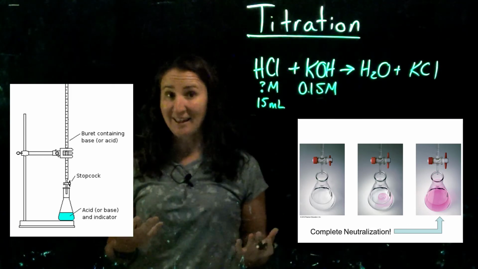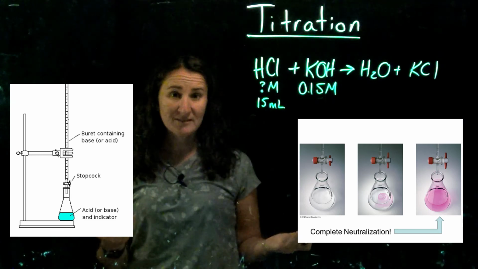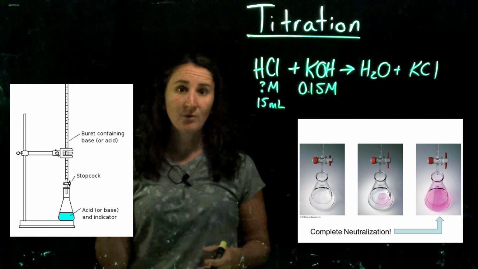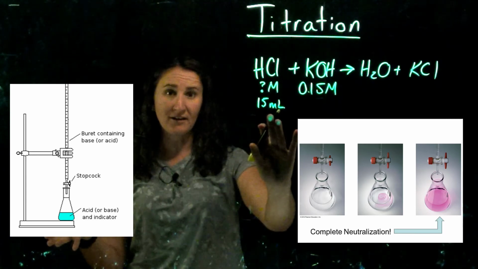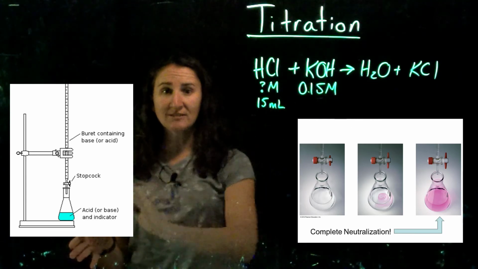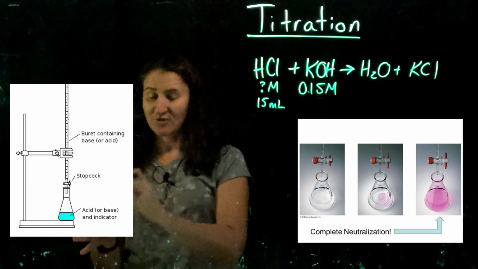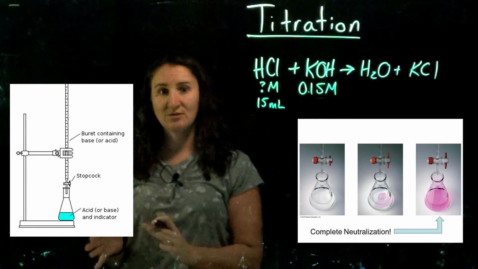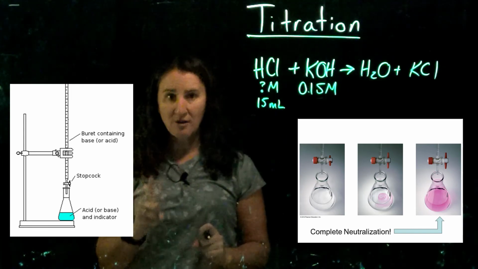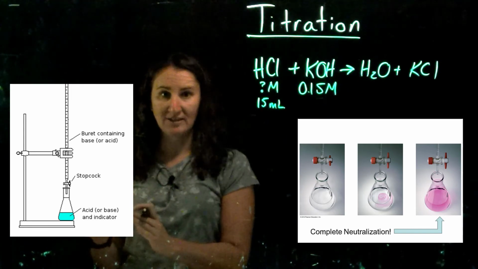Phenolphthalein is really a neat indicator, and we're going to use it in our lab this semester, but it's clear when it's acidic. So when you only have hydrochloric acid mixed with it, it's clear. But then as you add potassium hydroxide drop by drop by drop, all of a sudden it'll be a pink solution. And that pink solution means that you have gone one drop past the neutralization point.